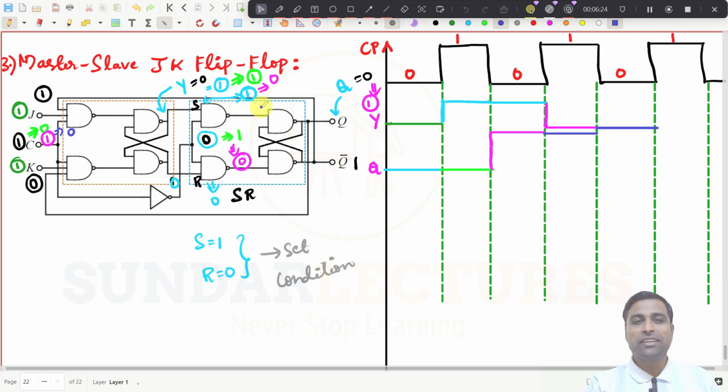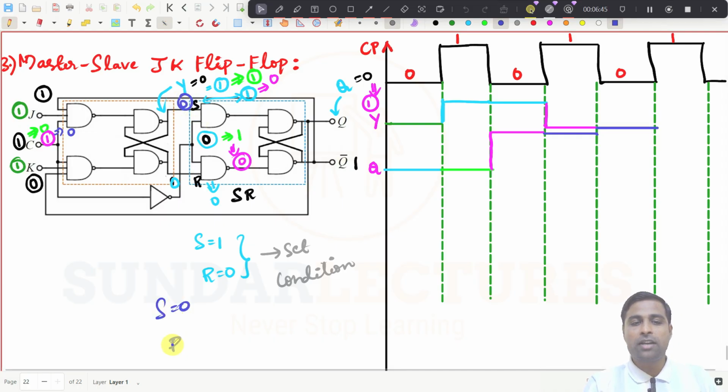But what happens here? This output is already high, and this is already 0. So now this 0 will make the SR flip-flop, because the clock pulse is 1 here, get S equal to 0. What is S equal to 0, R equal to 1?